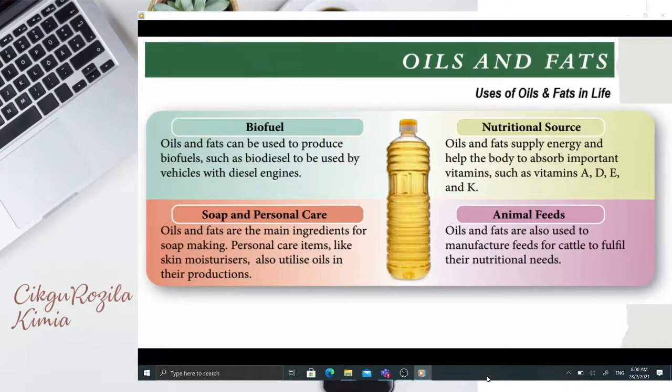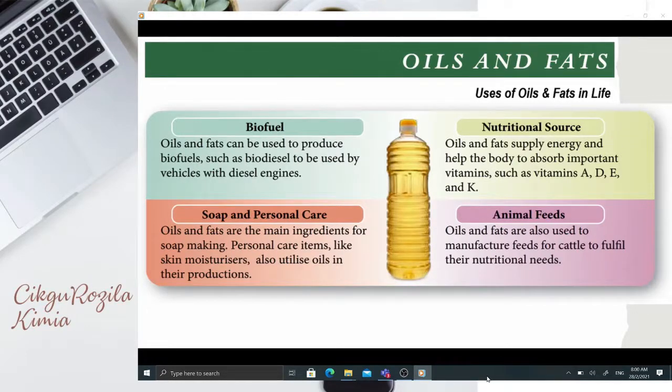Okay, so research shows that animal fats are considered unhealthy because they contain high level of cholesterol. On the other hand, vegetable oils do not contain cholesterol. Okay, that's why kita are advised to consume the vegetable oils.